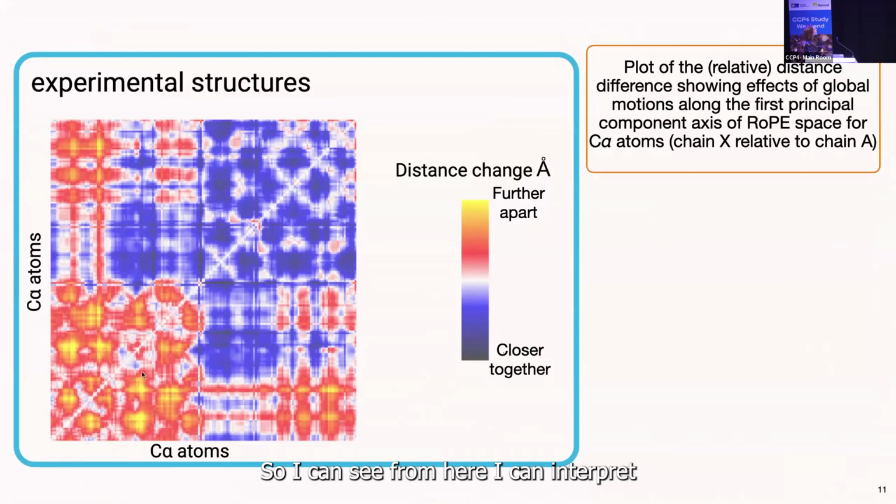So I can interpret this, for chain X in this case, as a movement of the domains moving closer to and away from each other. From this I can have an idea of how the protein is moving.